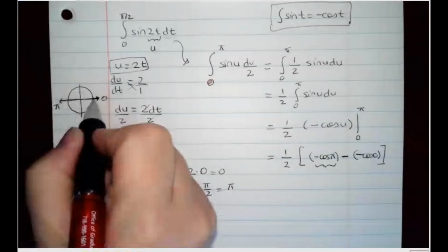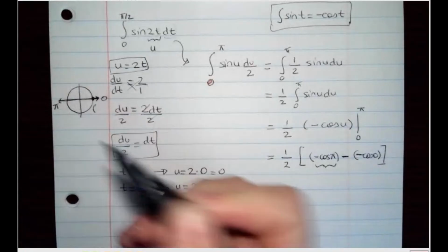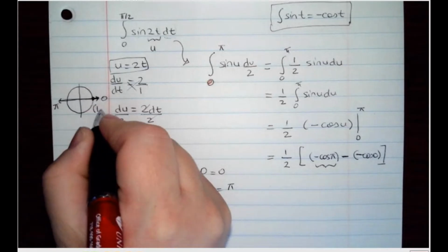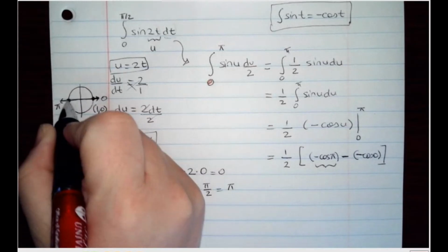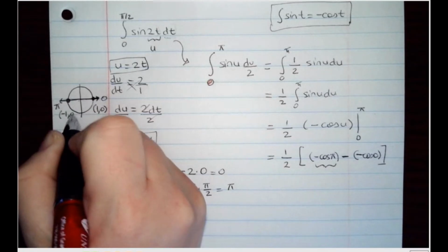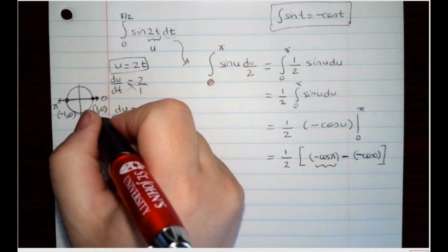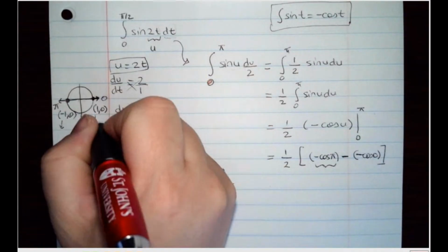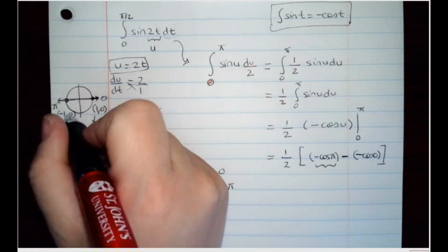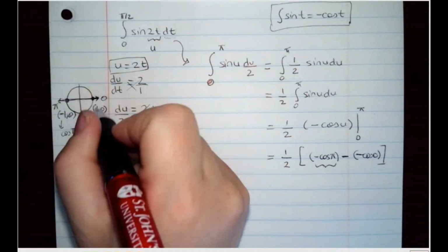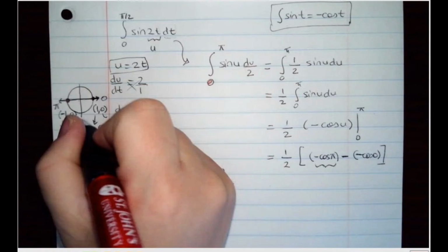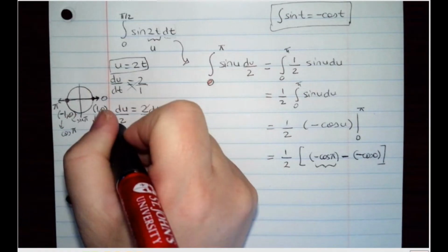Because this is the unit circle, the coordinates of this intersection point will be x equals 1, y equals 0, and this point will be x equals negative 1, y equals 0. The x coordinates give us the cosine of those angles, so this is cosine of pi, this is cosine of 0. And the y coordinates give us the sine values of these angles.